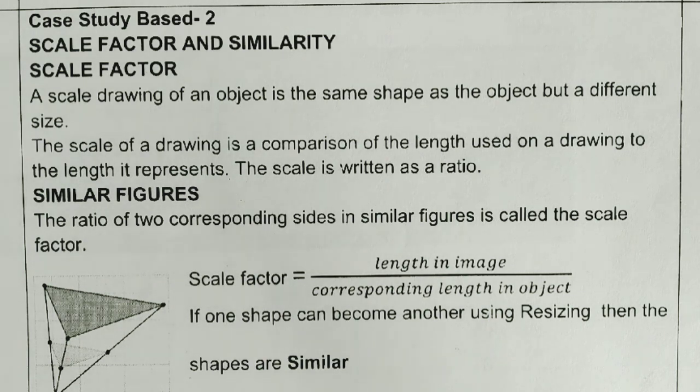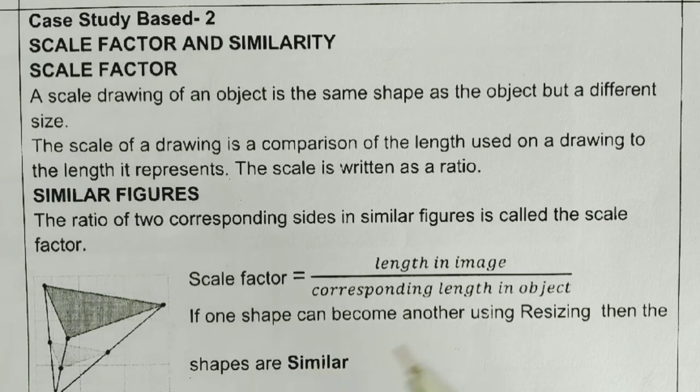Suppose you are asked to draw a picture or image of any historical monument, Taj Mahal or Qutub Minar or any other historical monument. It's not actually possible to represent it completely of the same size on paper or on a drawing. So in such cases, scale factor would come to our help.